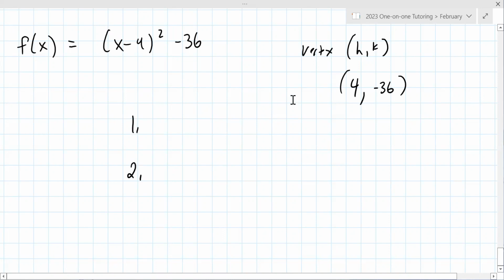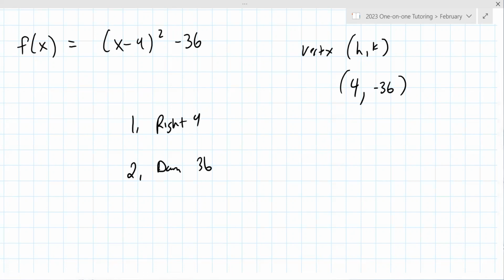Right 4. Good. Down 36. Good. And then that would be 0 and 36? No, that's just the direction you're moving. The vertex is 4, -36. That's part C. Okay, let's do quadratic formula.